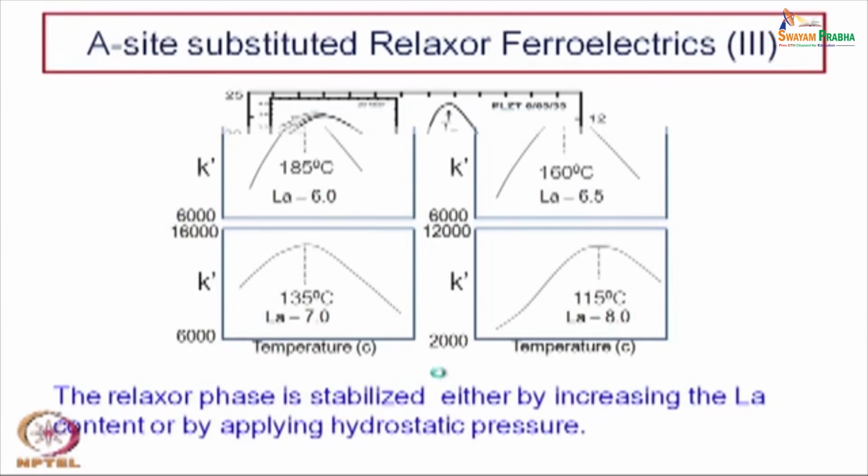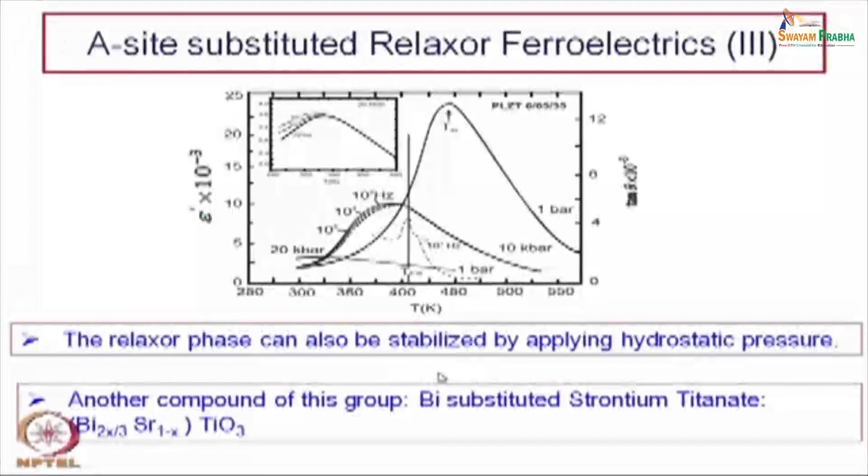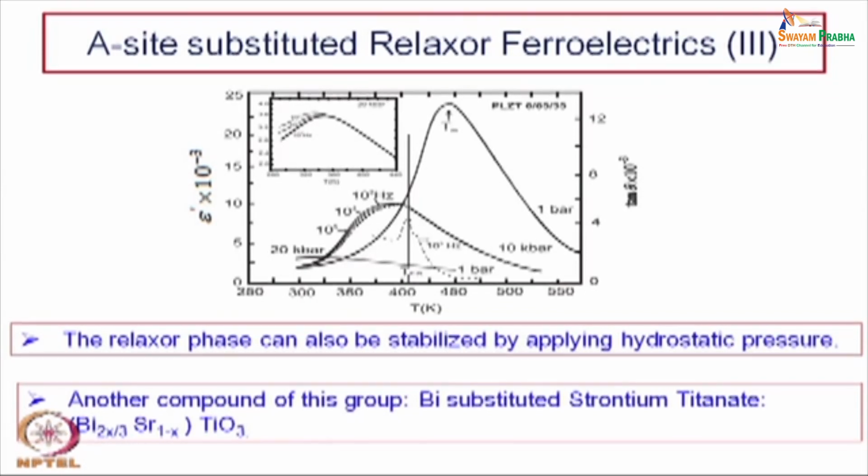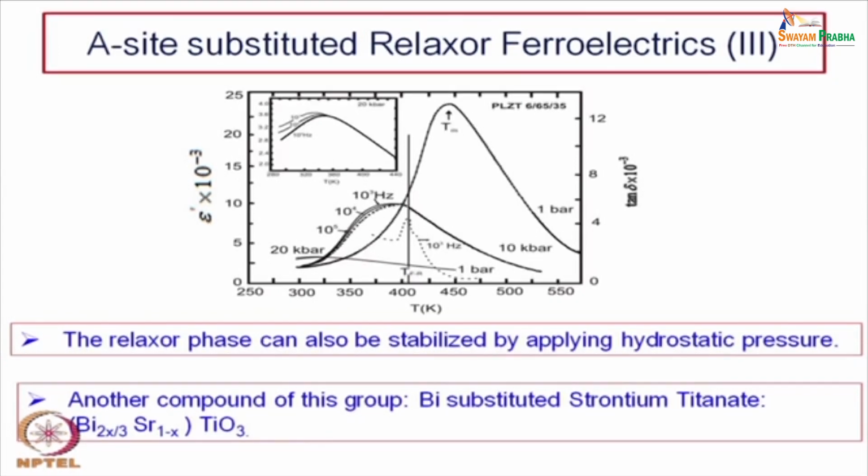Now, this kind of relaxor property can also be induced or stabilized by applying hydrostatic pressure. So, not only lanthanum addition changes the normal ferroelectrics to relaxor ferroelectrics, but by applying higher pressure the relaxor ferroelectric behavior can be brought in, and that is what has been shown here.